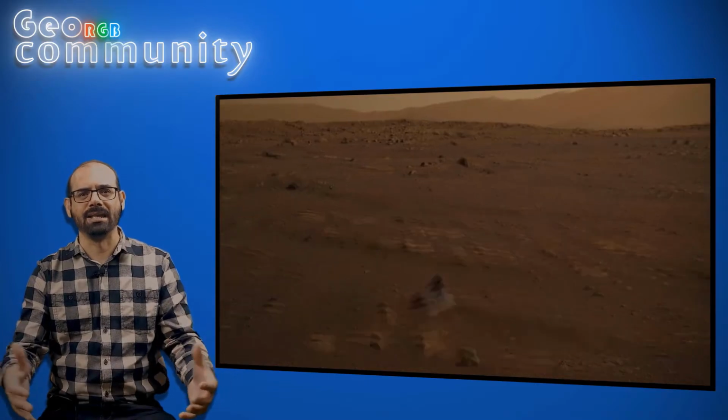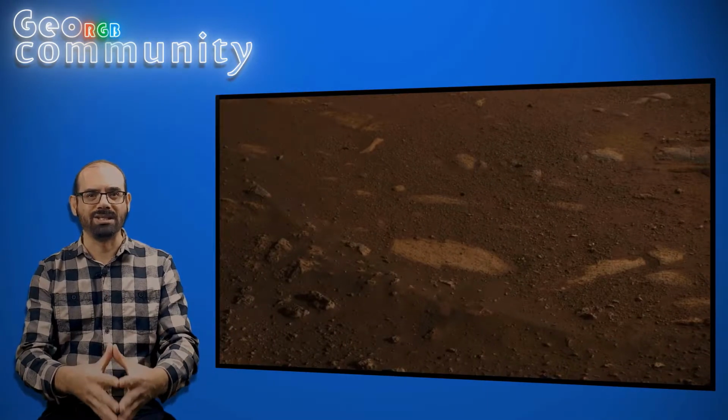And it makes sense to try to look for a kind of parallelism between the superficial Martian rocks and the terrestrial stromatolitic structures as the first steps of the origin of life in Mars. Okay, let's get started.